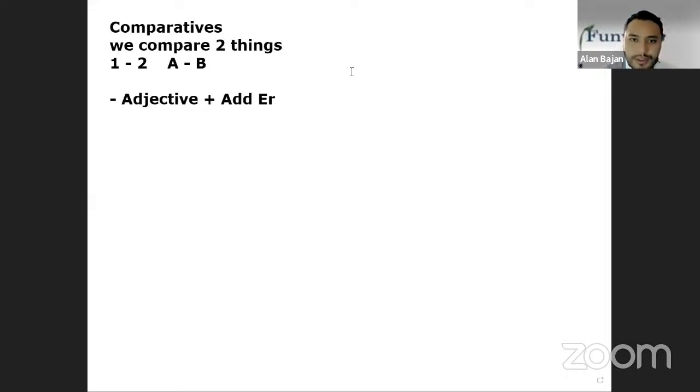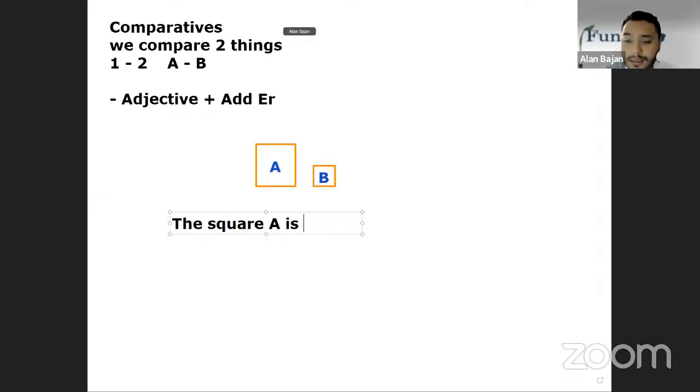Okay, so here I have a square. And here I have another square. Okay, so A and B. I can say the square A is big.